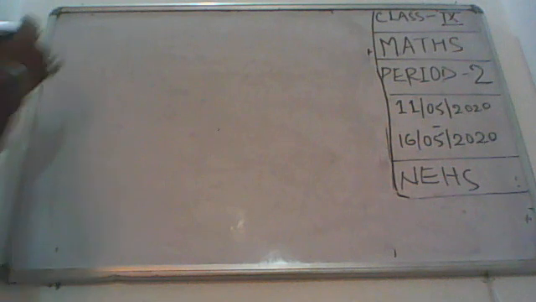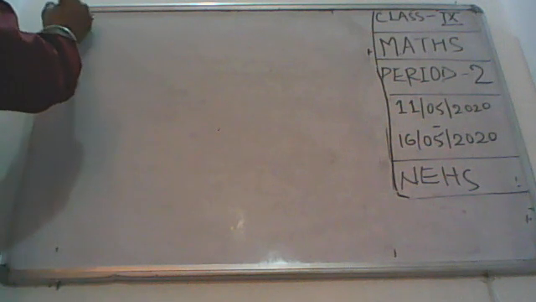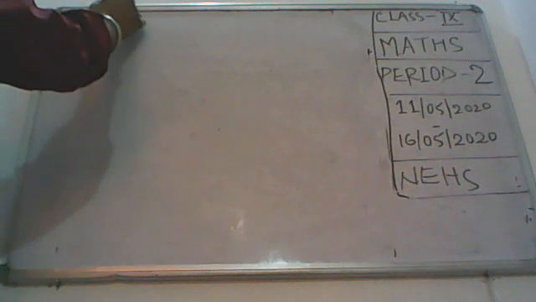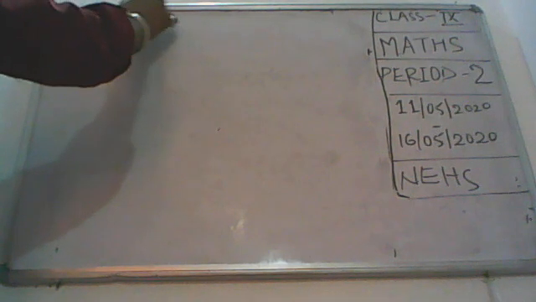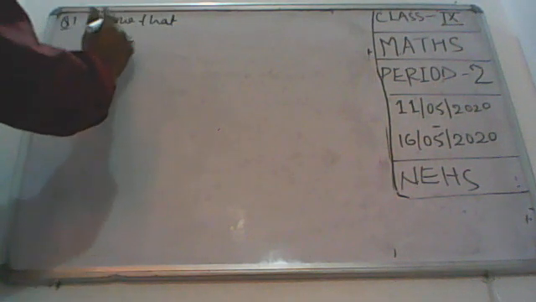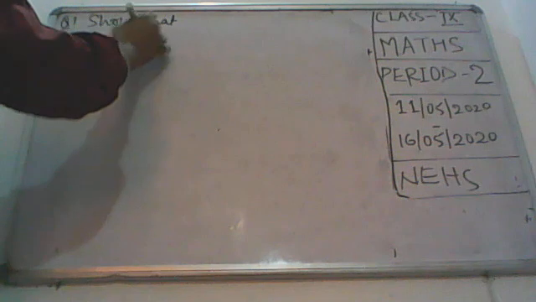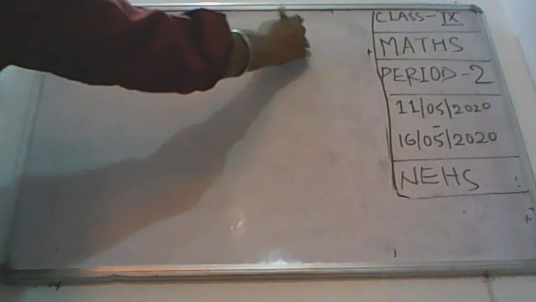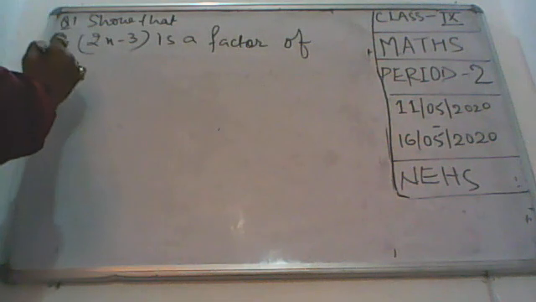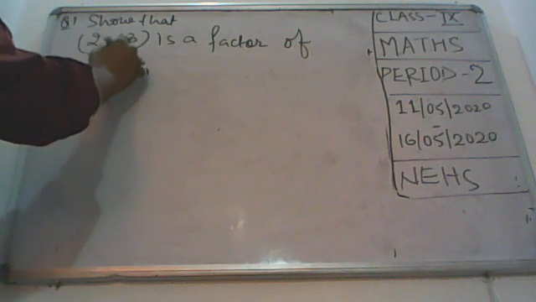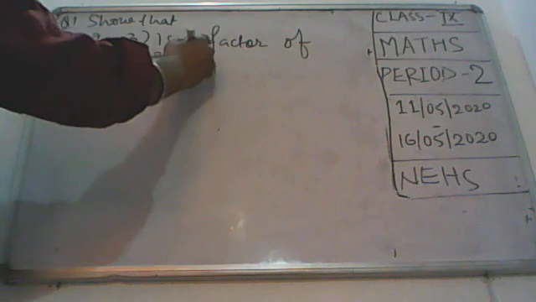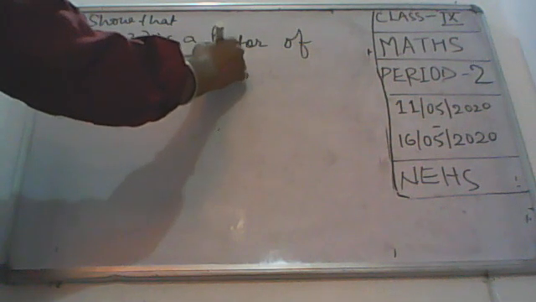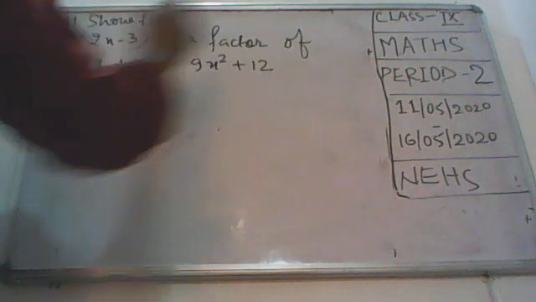Suppose they are saying: show that 2x minus 3 is a factor of x plus 2x cube minus 9x squared plus 12.